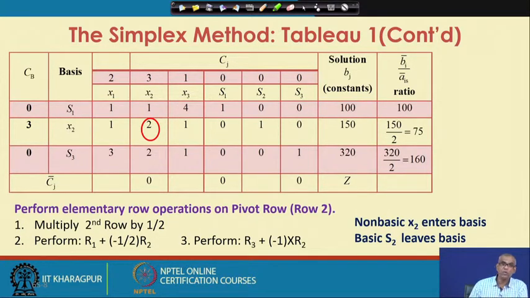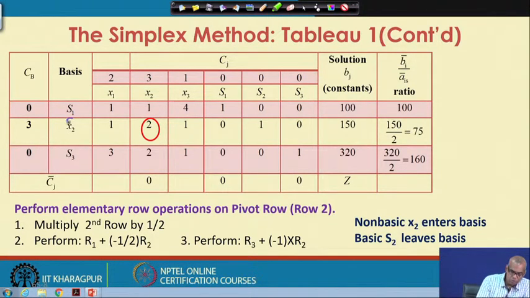So, the pivot row is row number 2 and the pivot element is circled, which is 2 here. You see that x2 has replaced S2.